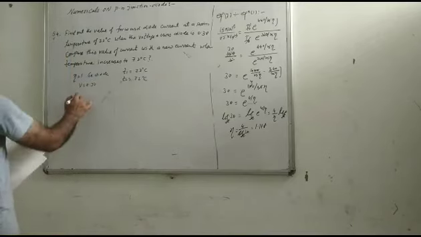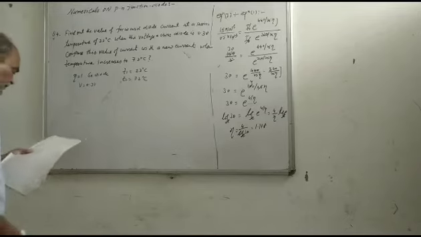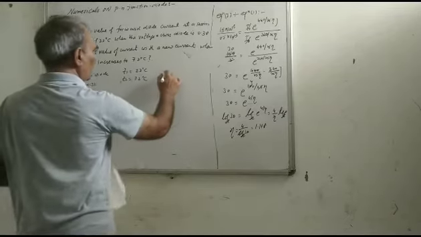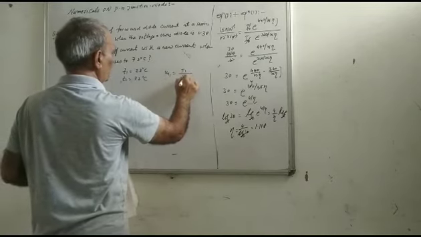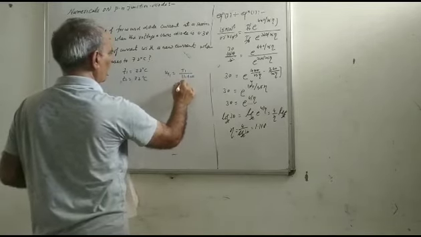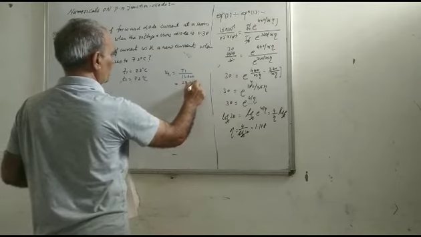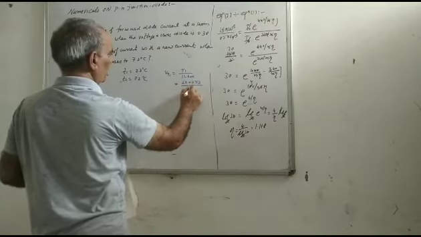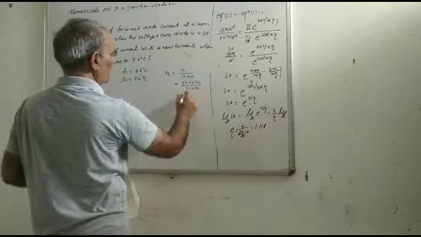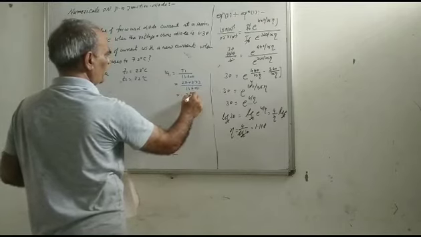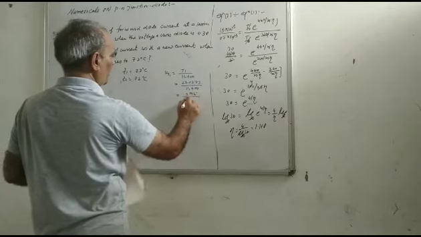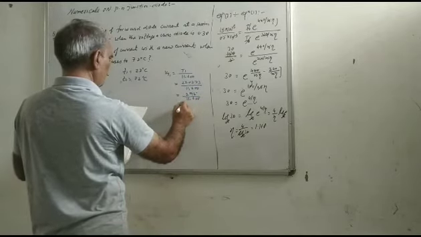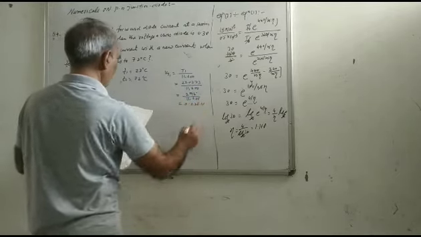We can calculate VT1: VT1 is equal to T1 upon 11,600, T1 is 22 plus 273 upon 11,600, which is 295 upon 11,600 equal to 0.025.